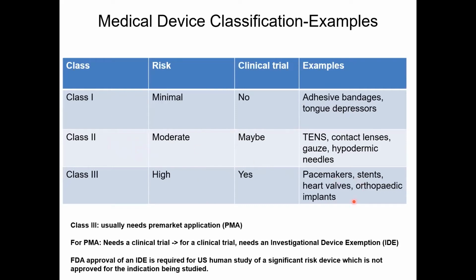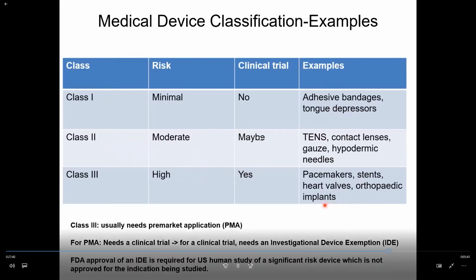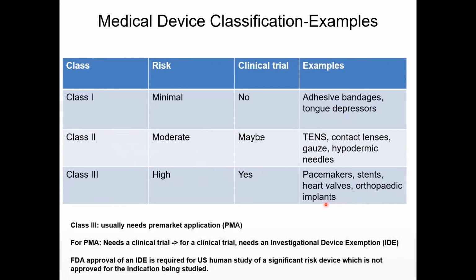For the risky medical devices, which are usually class 3, or sometimes class 2, an IDE, which is an investigational device exemption, is required for a clinical trial. So FDA approval of an IDE is required for a United States human study of a significant risk device, which is not approved for the indication being studied.